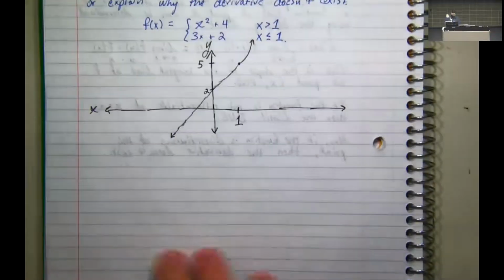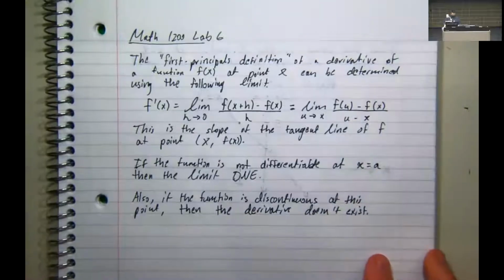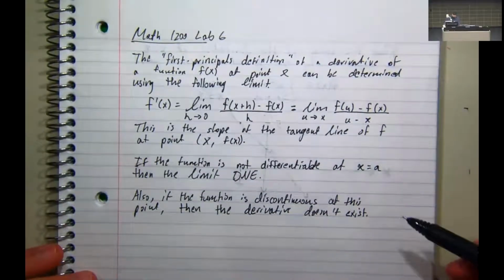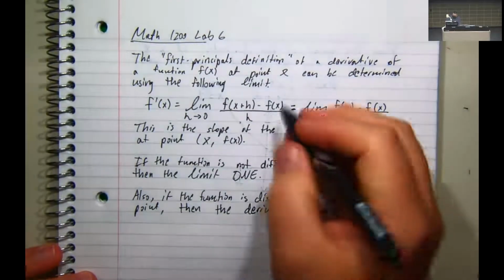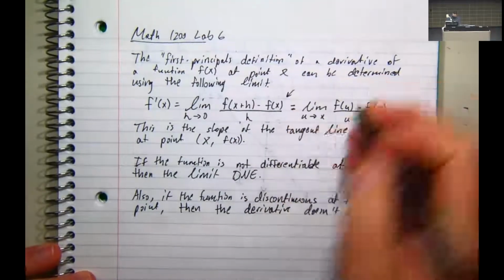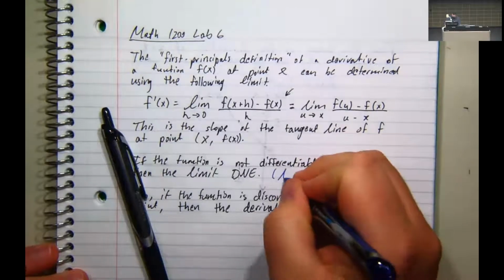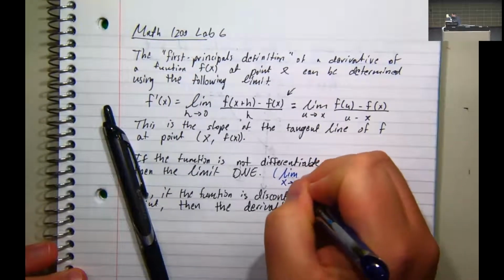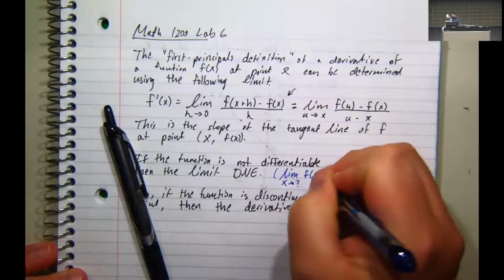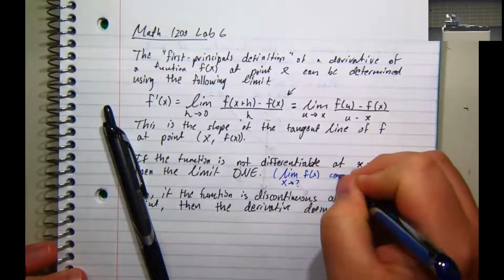Okay, so that was just a good clarification here, saying that the limit does not exist is referring to this limit. The limit as x approaches some number of f at x can exist.